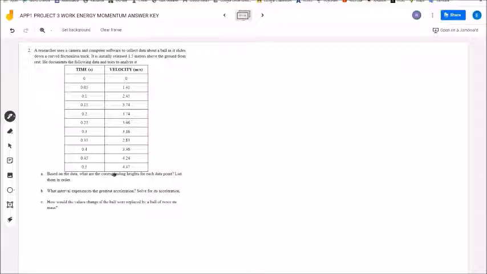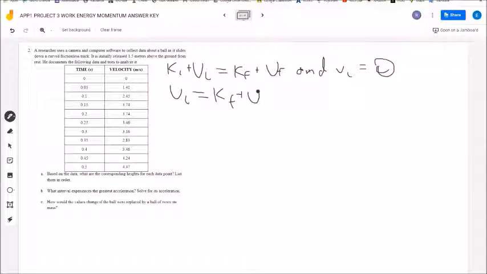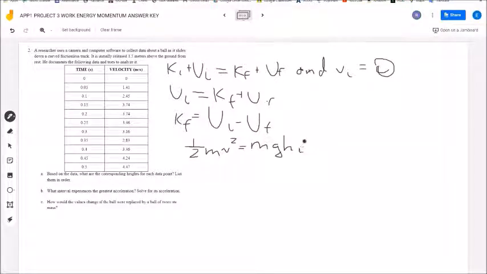List them in order. So we have the equation for conservation of energy, which is K initial plus U initial equals K final plus U final. And the initial velocity is 0, so this just becomes UI equals KF plus UF, or KF equals UI minus UF. Now we can represent KF with 1/2 mv squared, set equal to UI minus UF, which is mghi minus mghf.